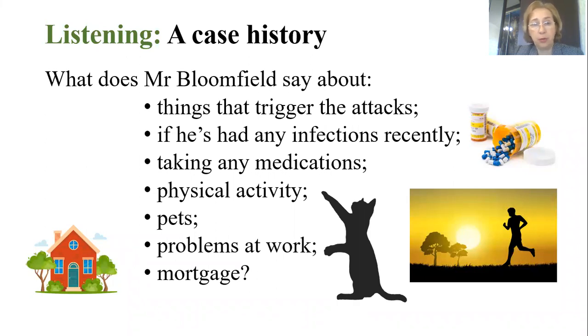And the question is about what Mr. Bloomfield says about the following things: things that trigger attacks, infections, medications, physical activity, pets, problems at work, and mortgage.